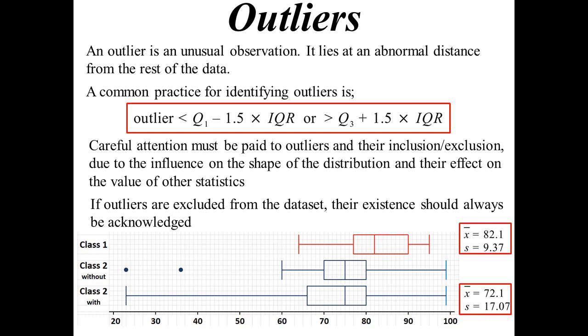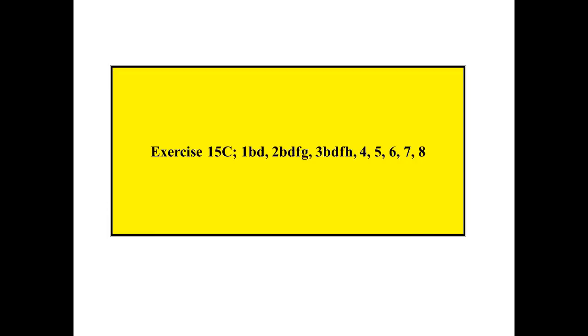If we included the outliers for class 2, we got 72.1 with a spread of 17. But if we exclude them, the average comes up to 76.6, and the spread comes in. It's only 10.48. So that's why we often exclude these outliers in the data. Okay, there we go. 15C.